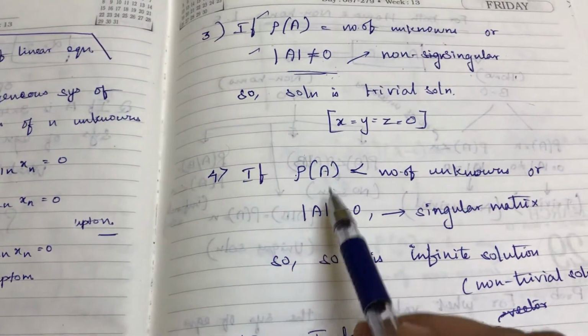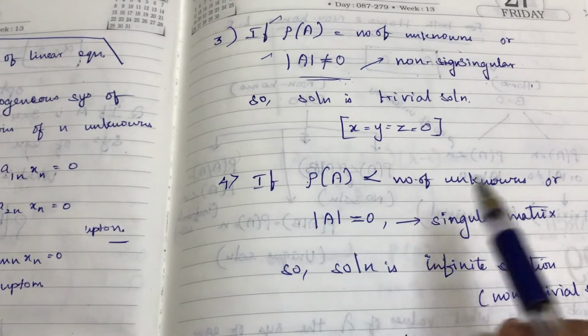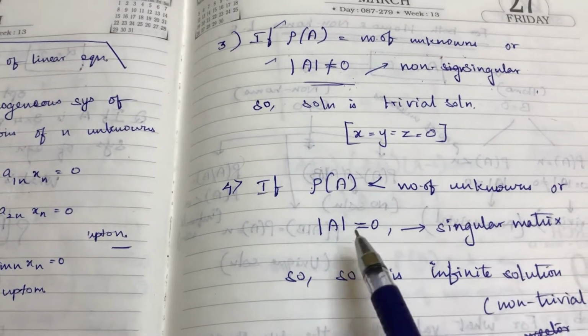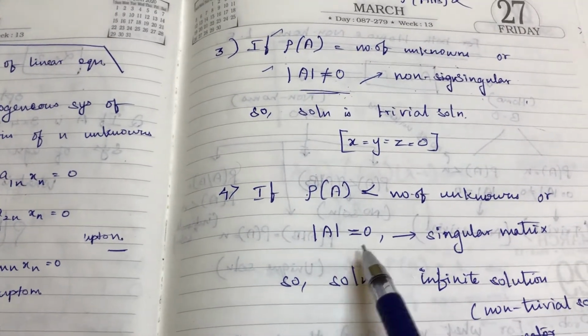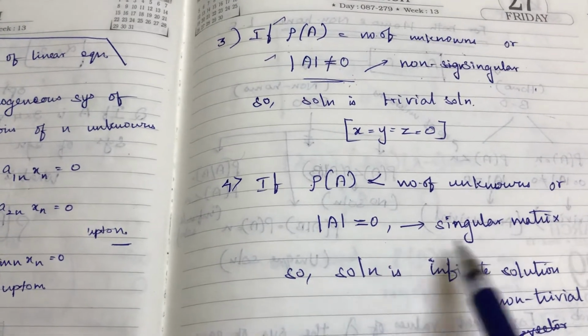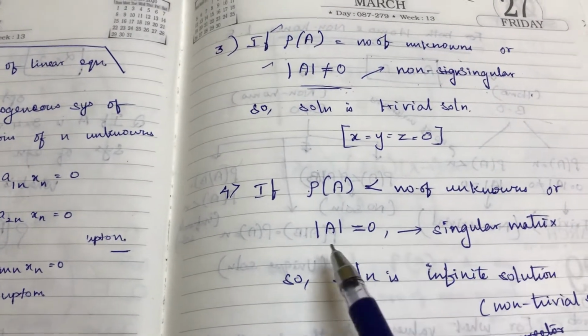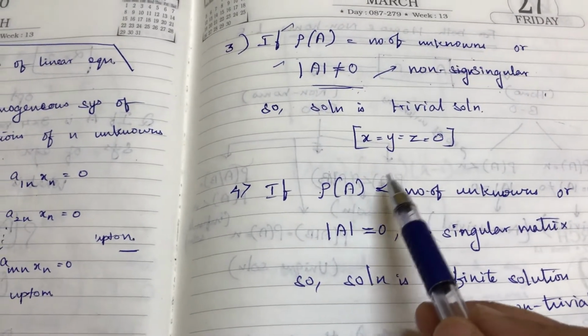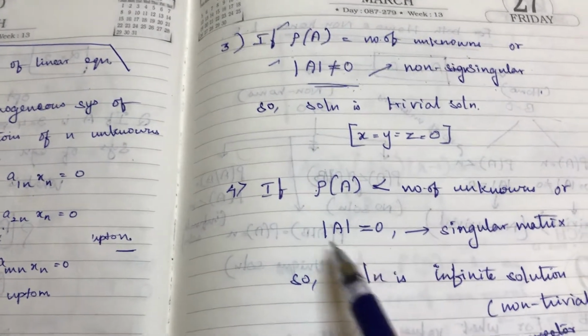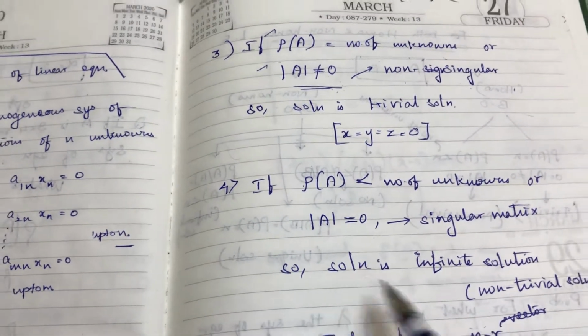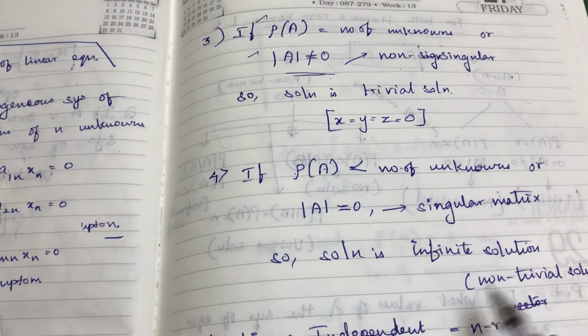If rank of A is less than the number of unknowns, or else determinant A is equal to 0, it is a singular matrix. So the solution will be non-trivial, or infinite solutions.